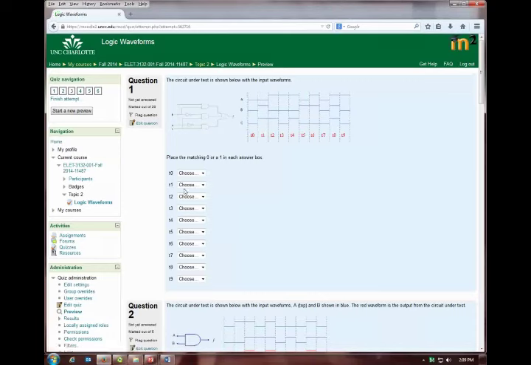We got T0, T0, T1, T1. You're going to look at this circuit and try to determine if A is low during this time, and B is low during this time, and C is low during this time. What's T0 going to be?